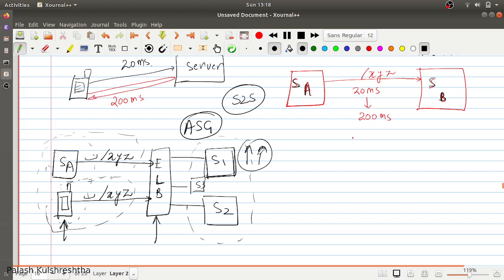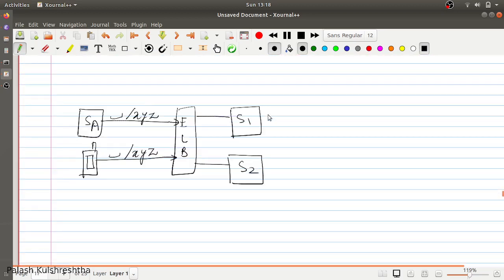Now, if we are able to imagine only these components, then we are about to run out of ideas. So we have to dig further into what can be happening behind the scenes during an API call. So let's say during the API call, there are some components which are outside server S1.